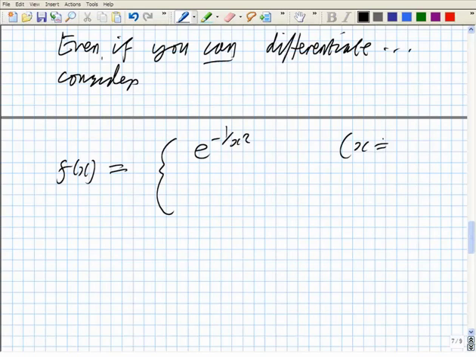It's e to the minus 1 over x squared if x is not 0, and it's 0 if x equals 0.